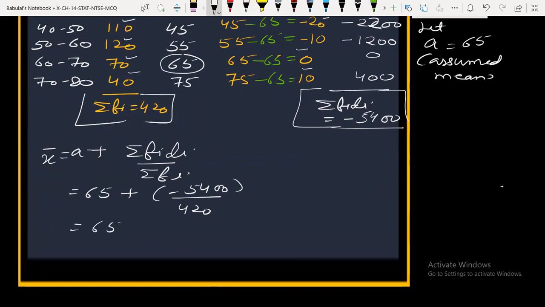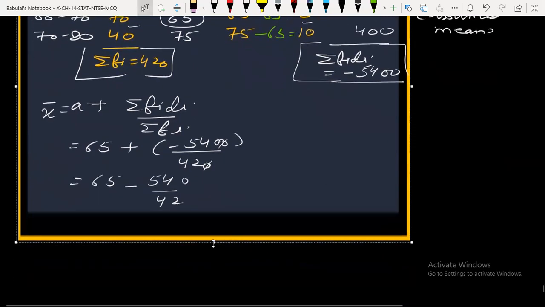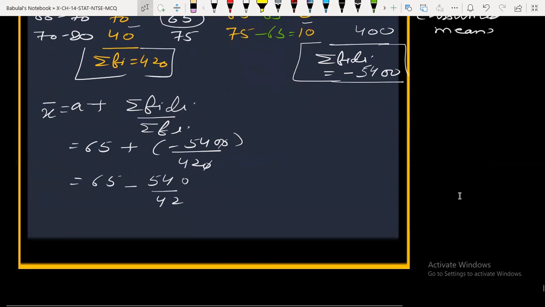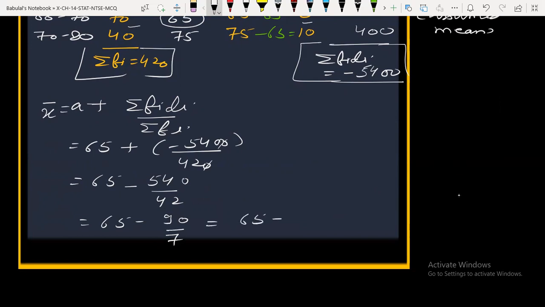That is 65, on cancellation, 0 cancel by 0. That is minus 540 upon 42. On further simplification, it is 65 minus 90 by 7 divided by 6. That is 65 minus 12.85, 12.85 approx.